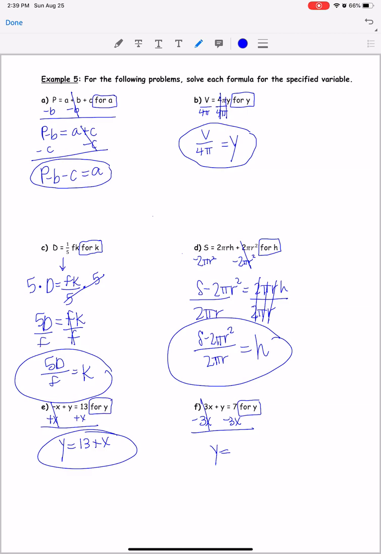Is 7 minus 3X, does that give me 4X? No. These are unlike terms. One has an x, one doesn't. Because of that, you got to put them side by side. So 7 minus 3x is just simply 7 minus 3x.